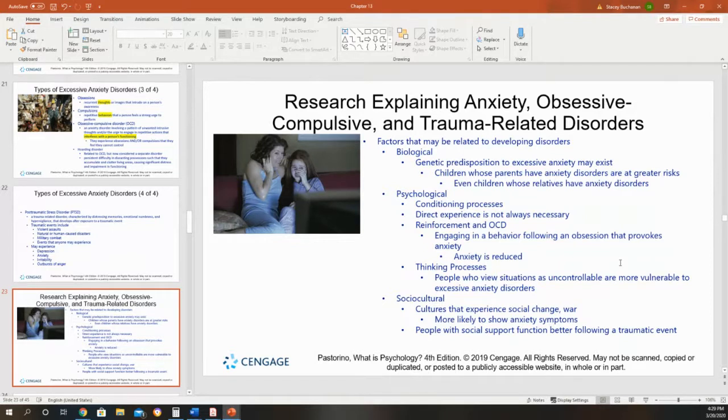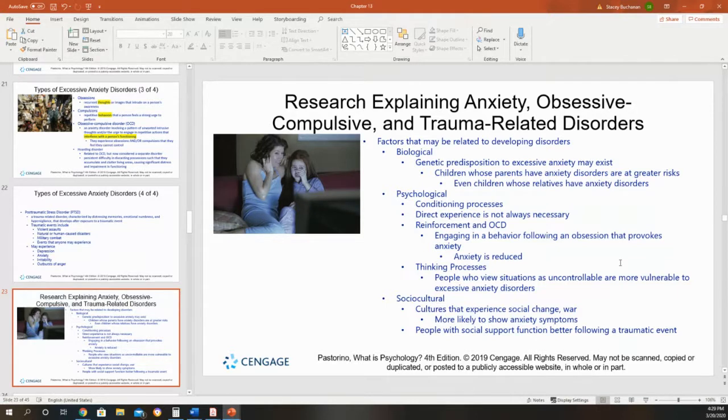So you engage in the behavior that provokes the anxiety, and it reduces the anxiety. And then finally, cognitively, thinking processes. People who have an external locus of control, meaning they view situations as uncontrollable, are more vulnerable to anxiety disorders.